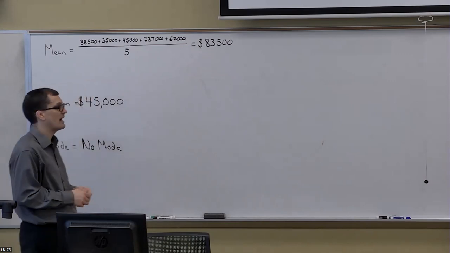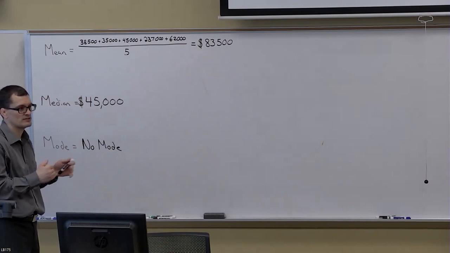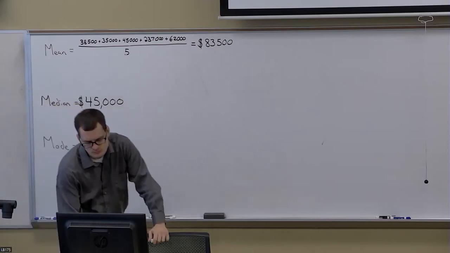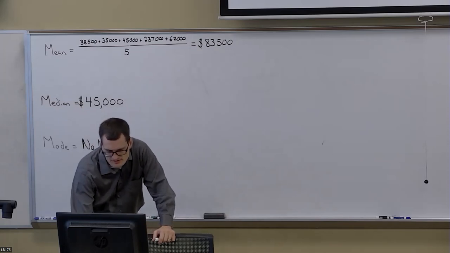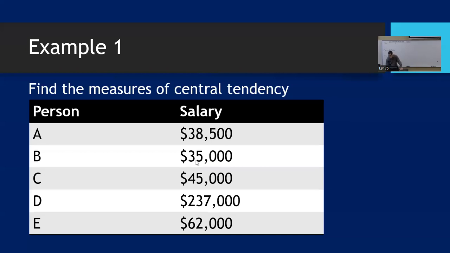And sometimes our measures of central tendency can give us very different numbers. Does that make sense? So that's one thing to watch out for. If somebody is telling you a central tendency for the group, you could always ask, well, why did they choose this central tendency as opposed to this other one?